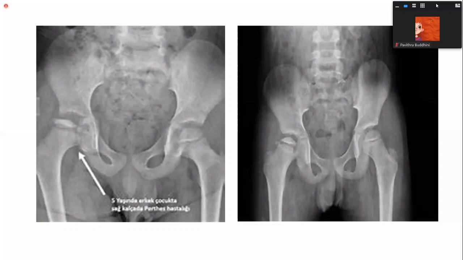Age. Good, very good. So how does age help you? Perthes is rare before 4 years of age.